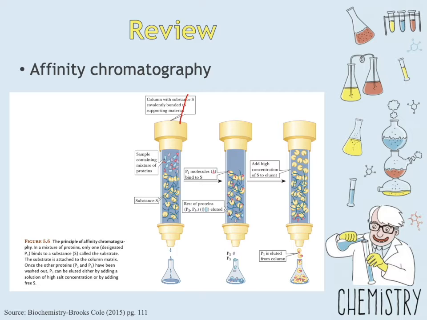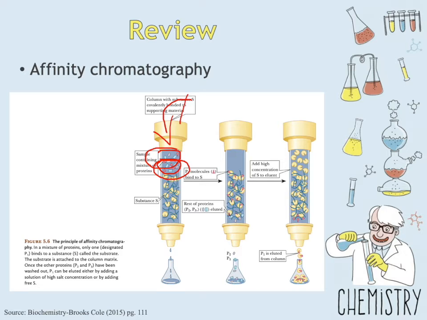In the first column, a substance will be poured inside the column, and the sample mixture of proteins will then bind to the substance called the substrate. This substance is attached to the column matrix. And the mixture of proteins will be separated into two.